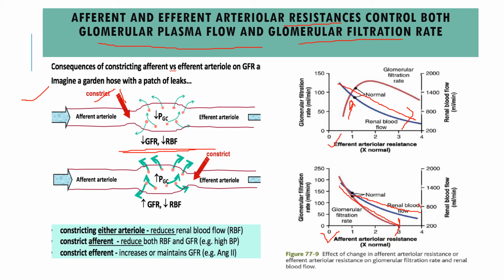As a result, the hydrostatic pressure of the glomerular capillary will be increased and the net filtration force will be increased. An example of this situation is a low level of angiotensin II in our blood, which will preferentially cause efferent arteriolar constriction. In that case, the GFR will be maintained but the renal plasma flow will be reduced.